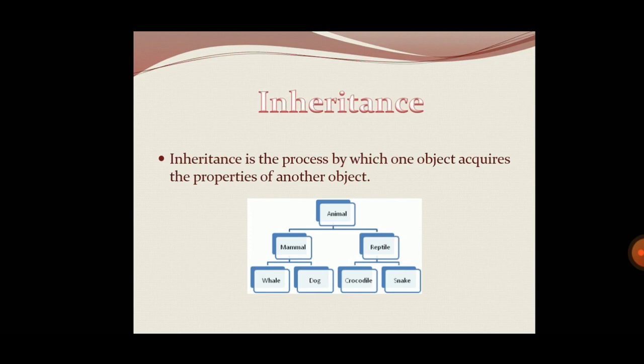That is, mammal will be having the similarities of the animal, and under mammal we are having the whale and dog, and under reptiles we are having crocodile and the snake.